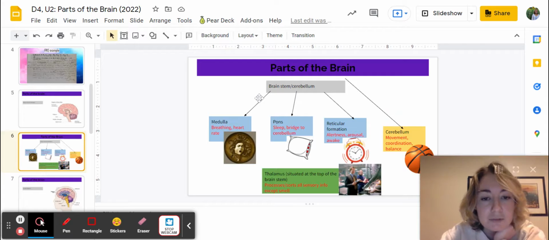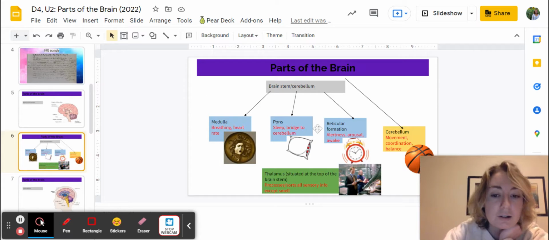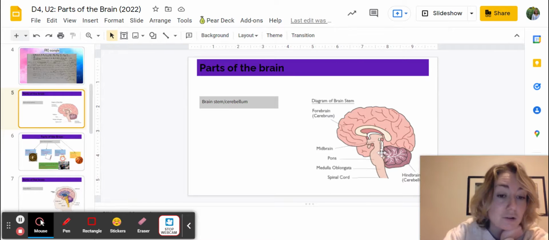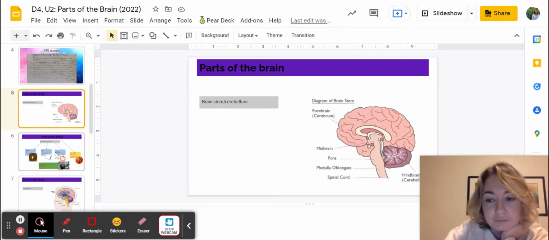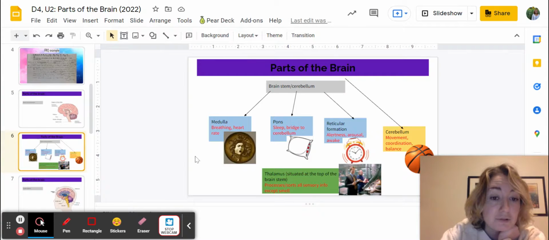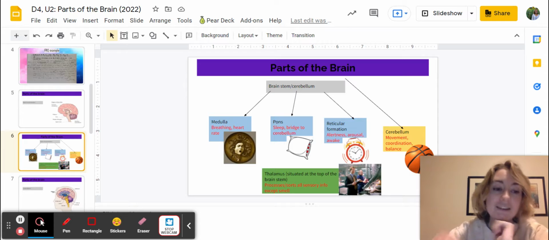Finally, we have the cerebellum. These other three are part of the brainstem, really. The cerebellum is kind of attached; it's its own part, what they call the hindbrain or the little brain. The cerebellum is all about movement. It aids in movement, coordination, and balance. A funny way I remember that is by thinking cerebellum, like she's playing basketball.